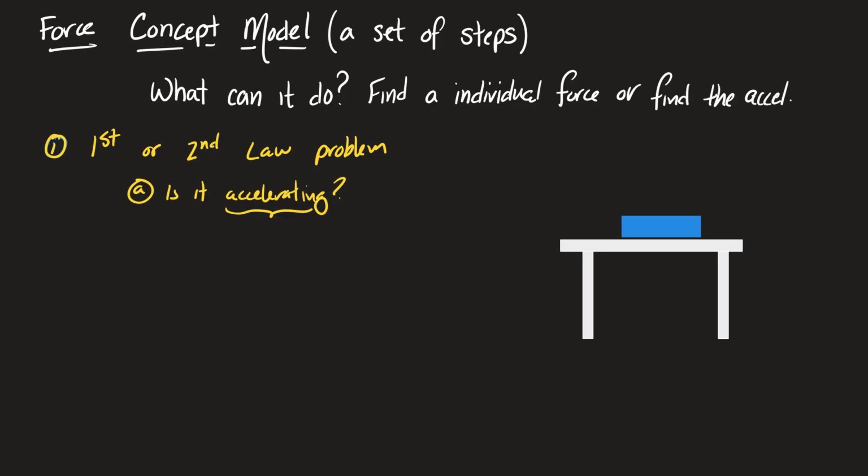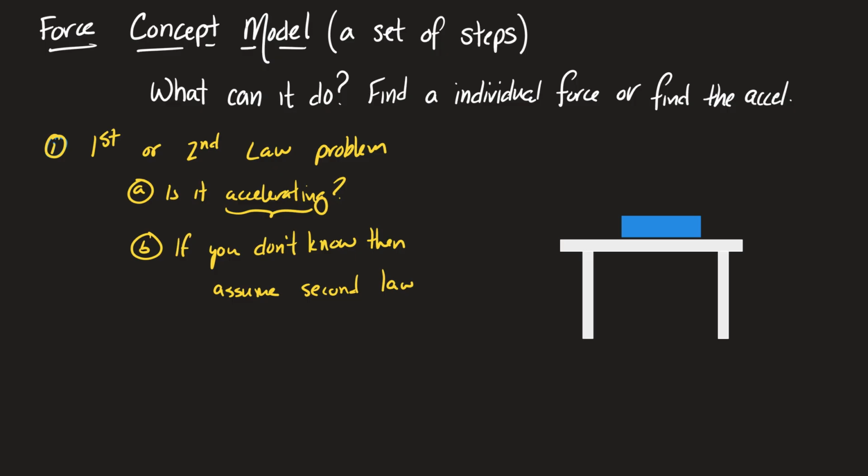Now, here's the thing though. If you don't know, then you have to assume it's a second law. So like if you can't figure it out, or there's not enough context clues, or the problem is asking you if the object's accelerating.